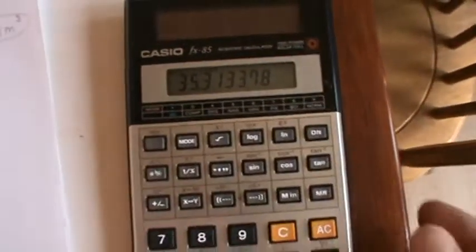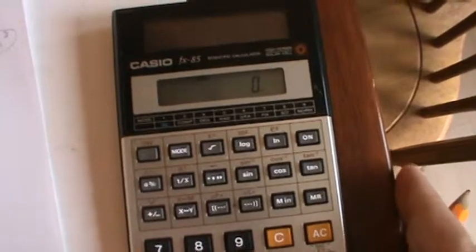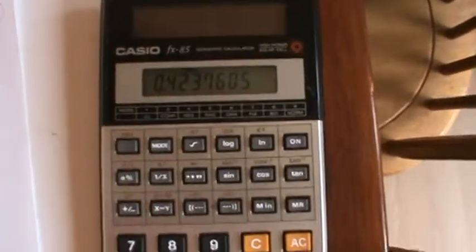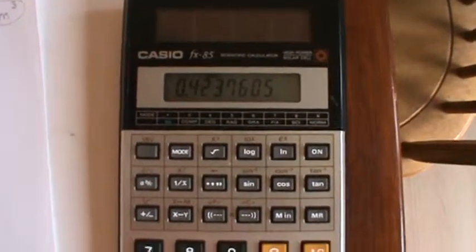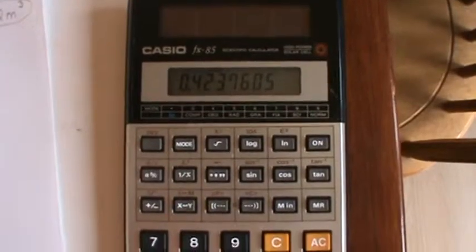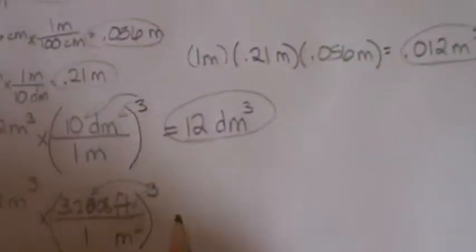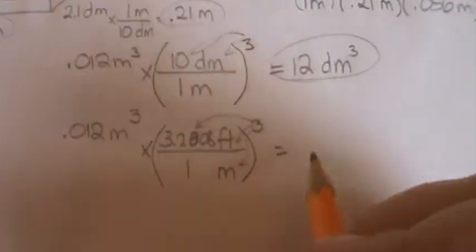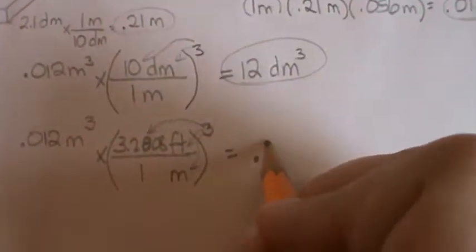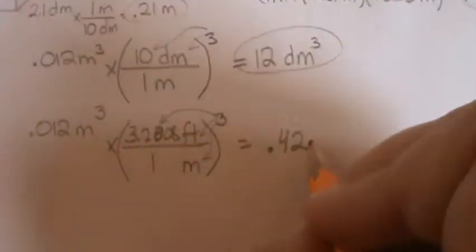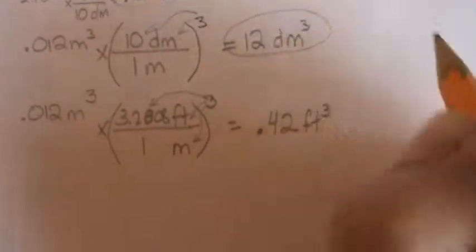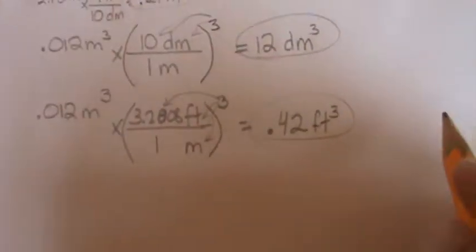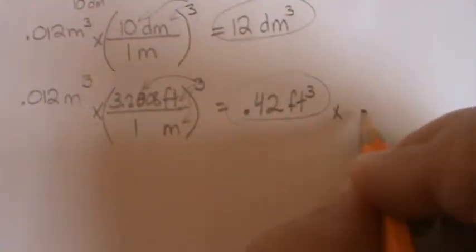Well, actually, I'll just leave it there and then multiply it by 0.012. And I don't have to write anything down. And I get 0.4237605, but I can only have 2 significant figures. So this becomes 0.42 feet cubed. Okay.